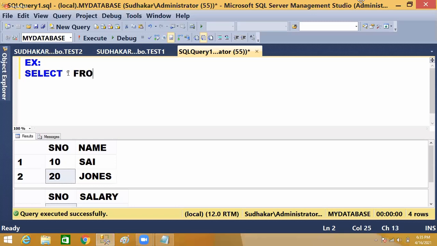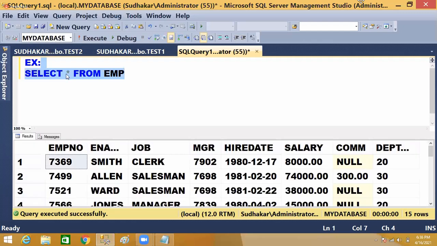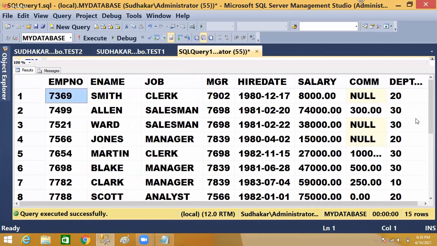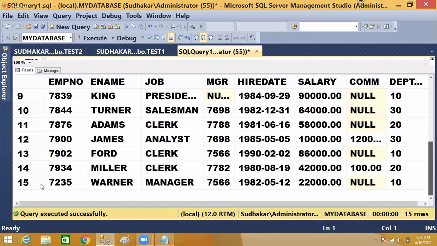One table is the EMP table. Carefully observe this table, this is the complete table information. In this EMP table, you can see a total of 15 employees' details are stored.